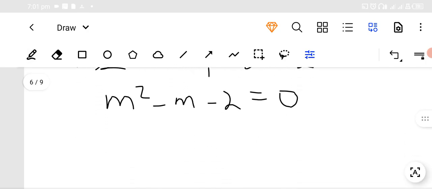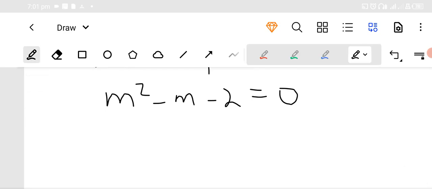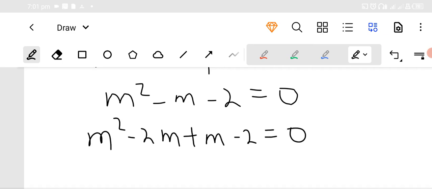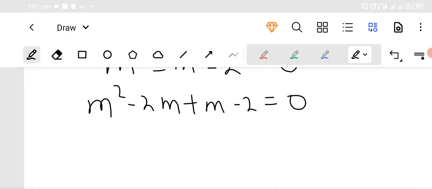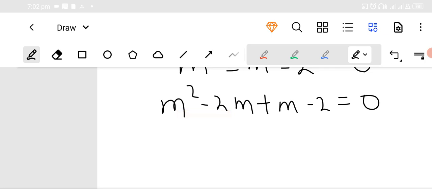Okay. Then to continue, this is a quadratic, m squared. Which two numbers multiply to give you negative 2? Either give you negative 1, negative 2m plus m minus 2 equal to 0. Factorize by grouping.